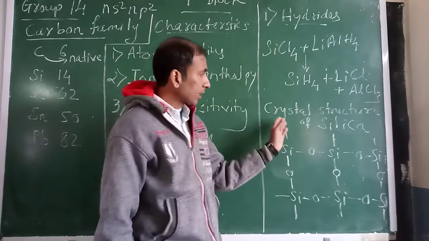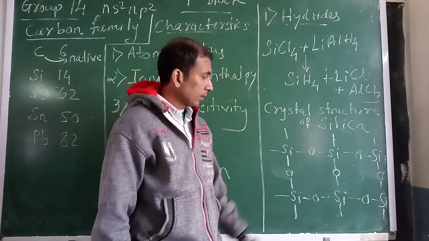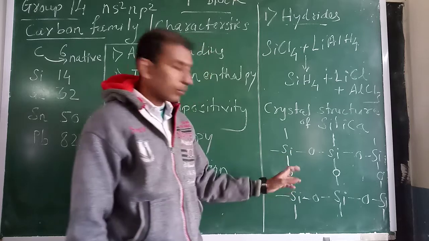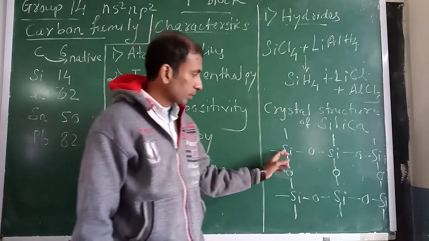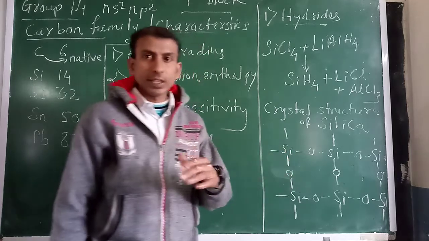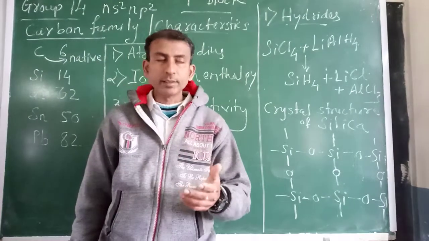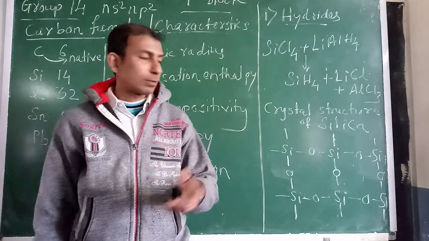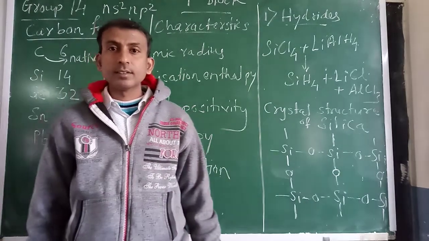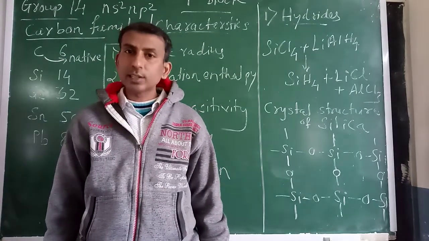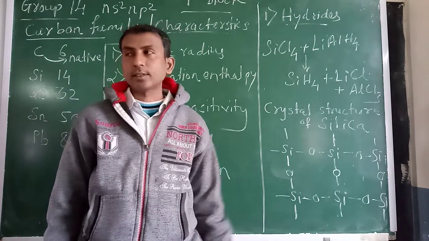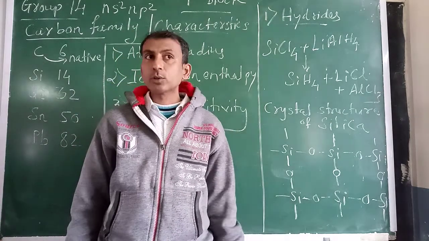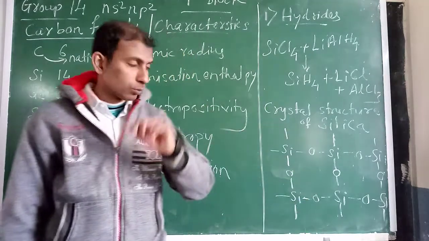Here we have the crystal structure of silica. This diagram you have to practice at home. Silica means silicon oxide, which is present in sand, रेत. रेत में क्या प्रेजेंट होता है? सिलिका, SiO2.